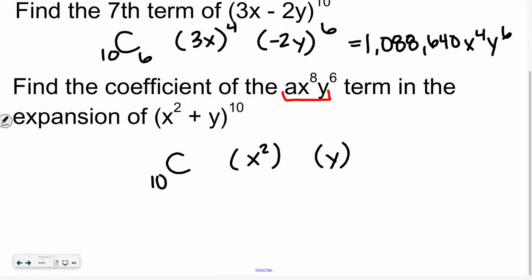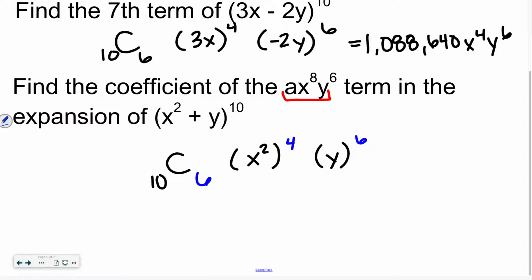And my exponents that I pick have to add up to 10. Do you know the exponent for either x squared or y? Y must be being raised to the 6th, because it's y to the 6th in the term, which matches the number that I'm picking. And therefore, x squared must be being raised to the 4th, which doesn't that give me x to the 8th?